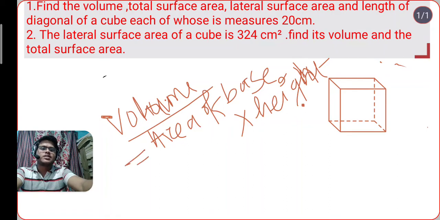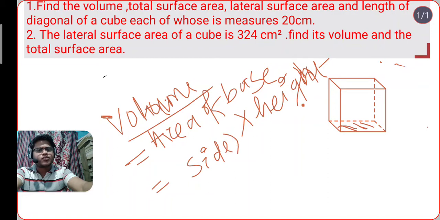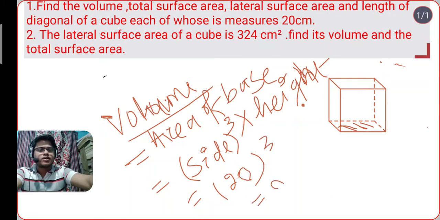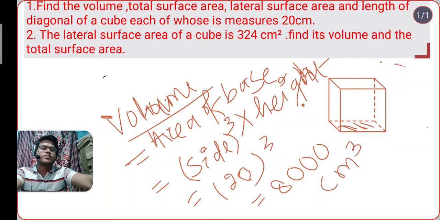The lower one is the base. So the area, we have to get the area of 20 into 20, or we can directly write here side cube or edge cube. So we are getting 20 cube. So what is the result we are getting here? 20 cube, and for the centimeter we just write centimeter cube.